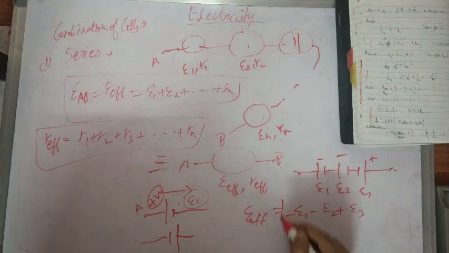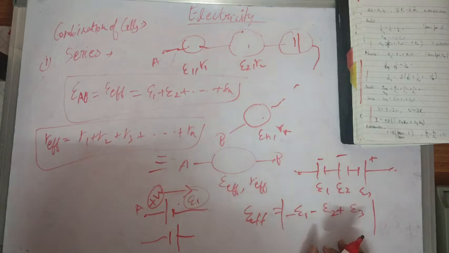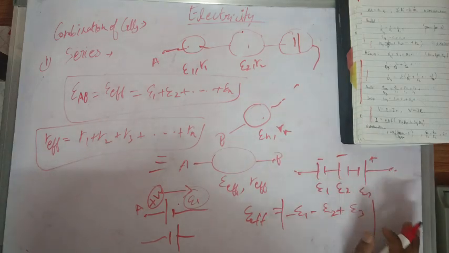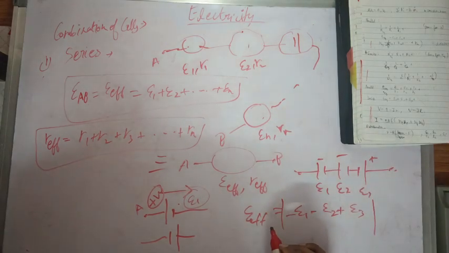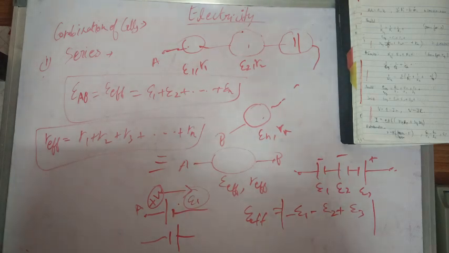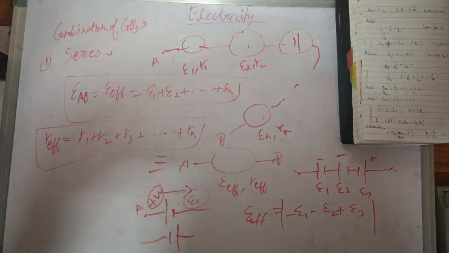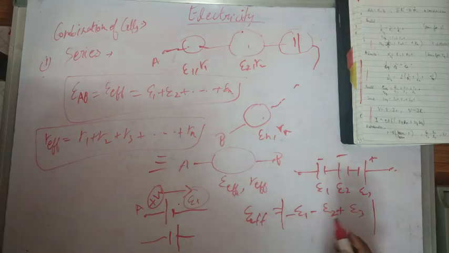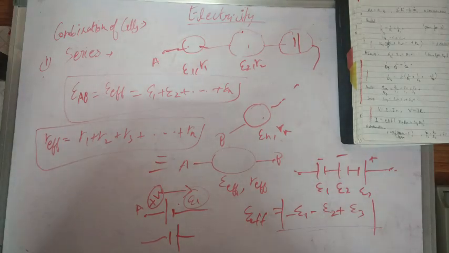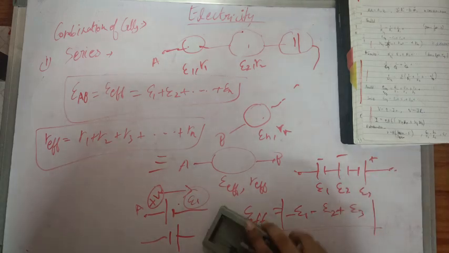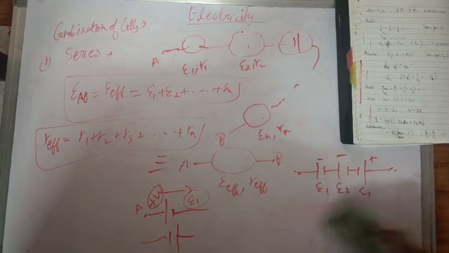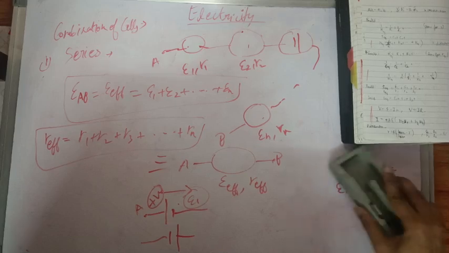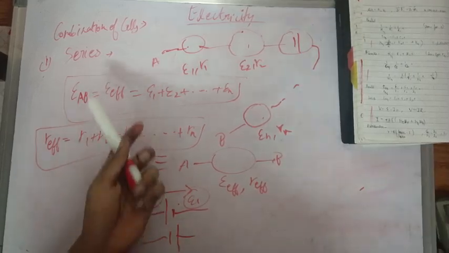And for the EMF, I will have to take the magnitude of this whole, because some can be positive or negative, but the EMF we use should be a positive value. We are talking about the magnitude of EMF. For this we have to take the modulus, and that's how we will calculate the EMFs.